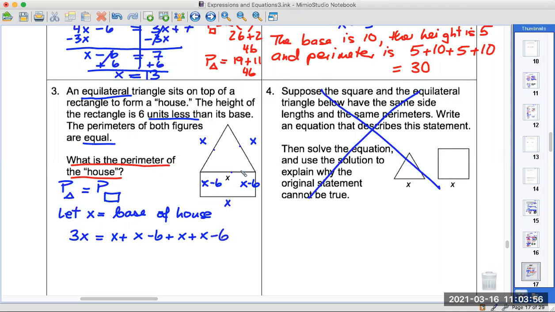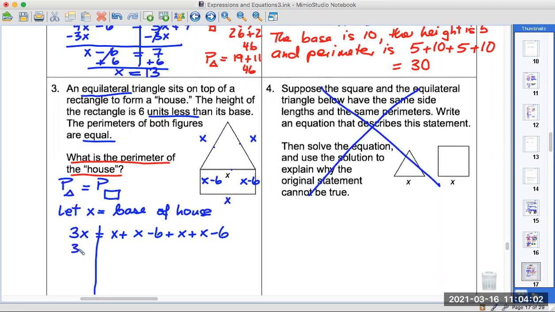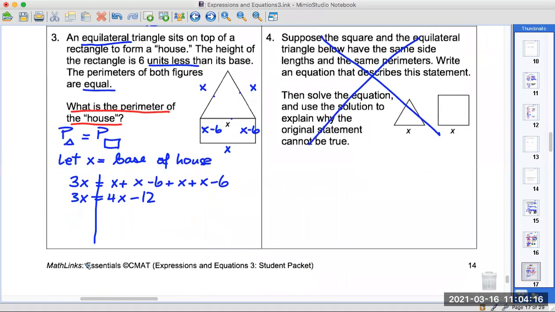So I start here, add this, add this, add this. 3x, 1, 2, 3, 4x, minus 6 plus minus 6 is negative 12. So I simplified my equation.